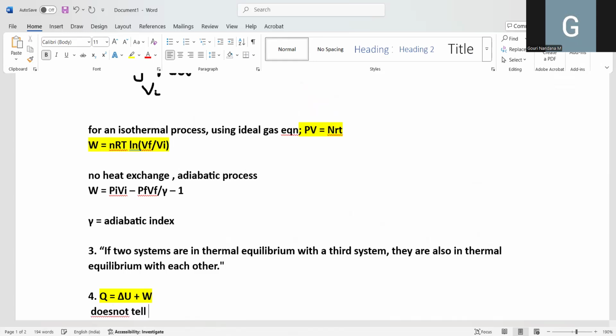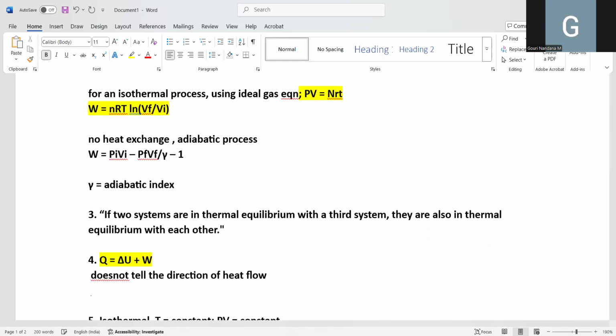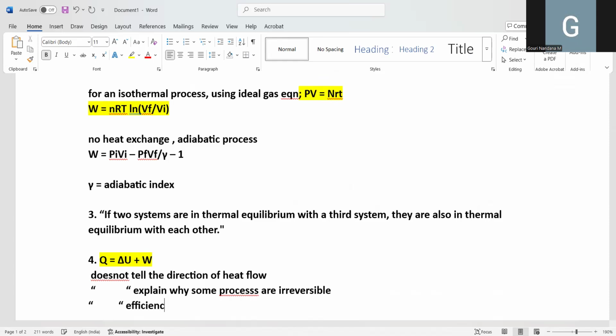Then it does not explain why some processes are irreversible. And it does not give information about the efficiency of energy conversion.